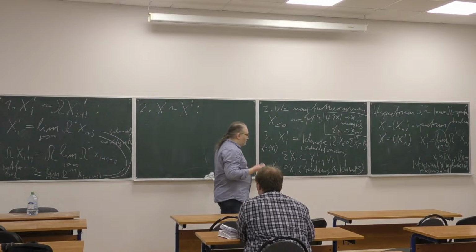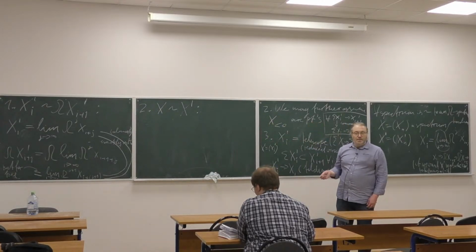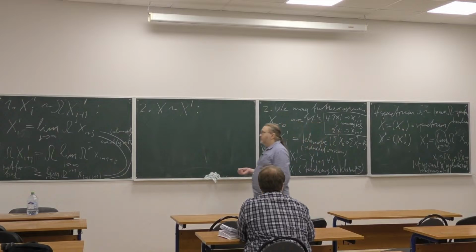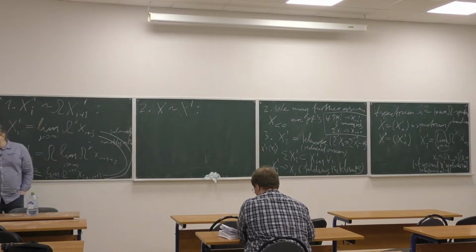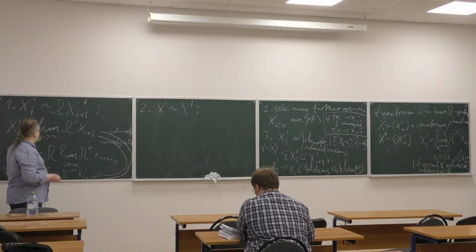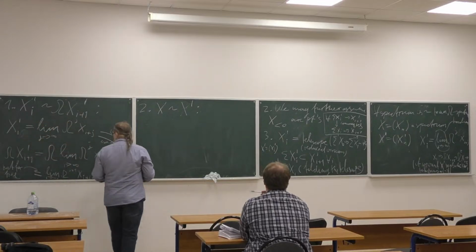Now I want to construct a map, and which way will the map go? Okay, from x to x prime.